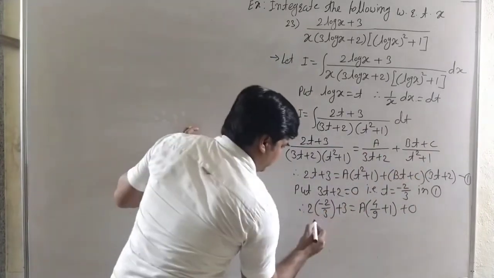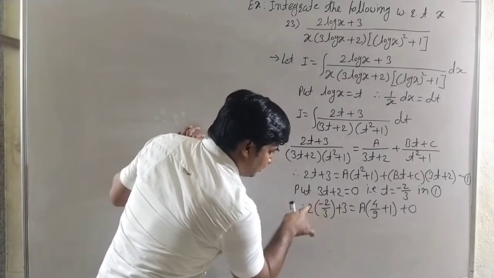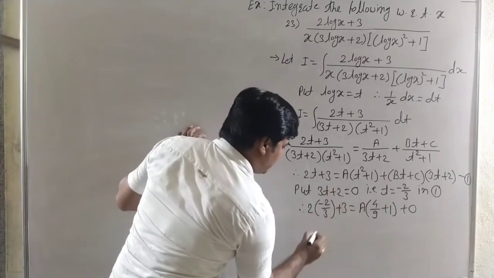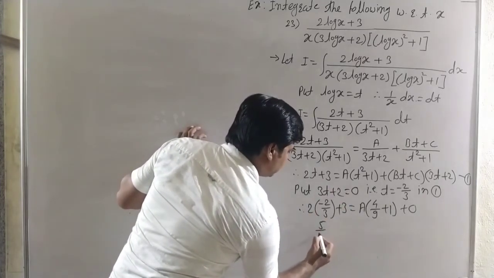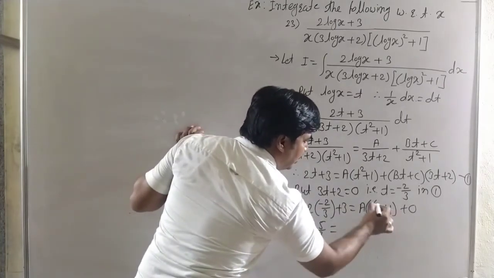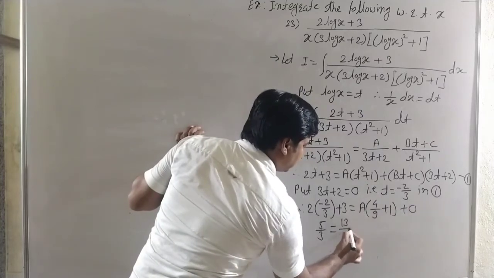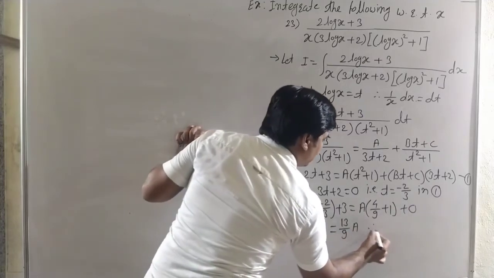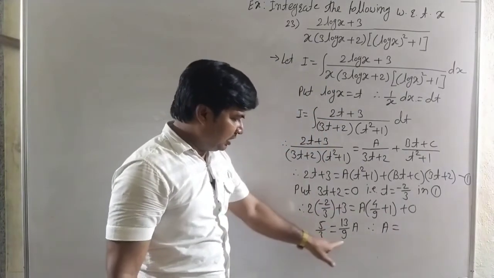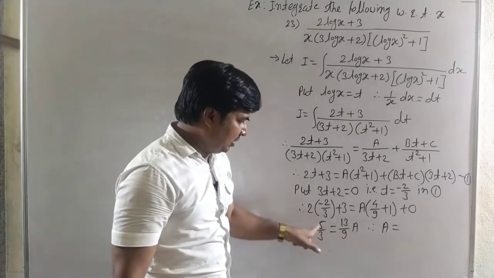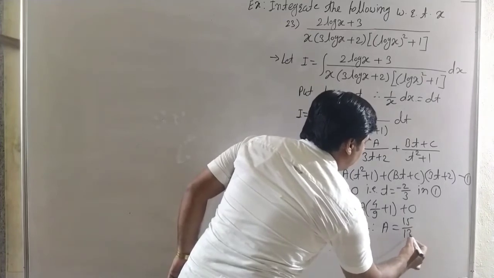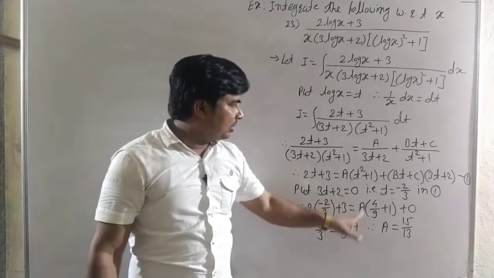Now the calculation: minus 4 by 3 plus 3 is 5 by 3, so 5 by 3 equals 13 by 9 a, and therefore a is equal to 15 upon 13, the value of a.